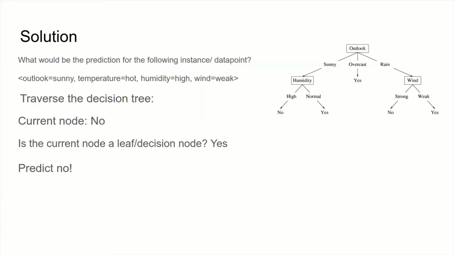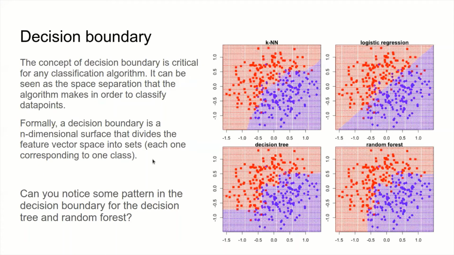Okay, so now we're going to see this concept of decision boundary. I want you to take a look at these pictures and tell me which characteristic of each one is interesting to you. The concept of decision boundary is critical for any classification algorithm. It can be seen as the space partition that the algorithm learns to make in order to classify data points.